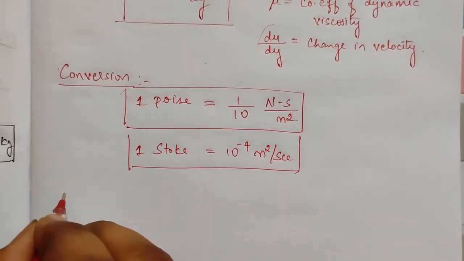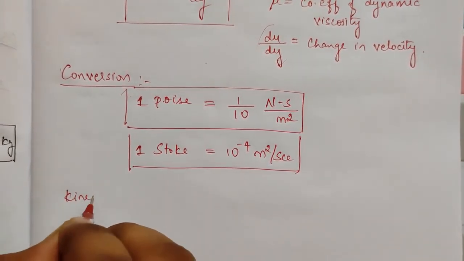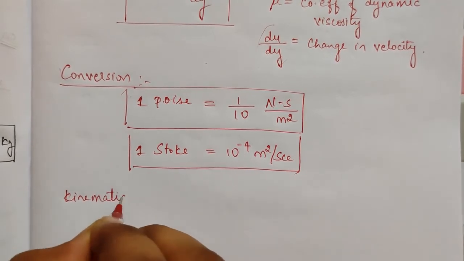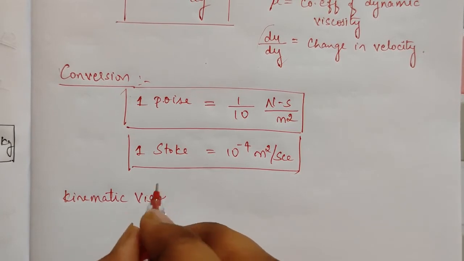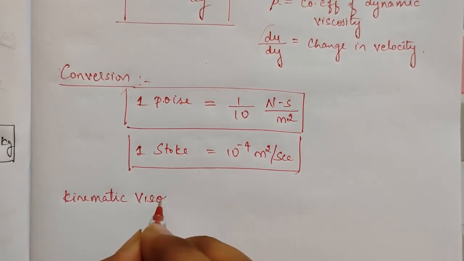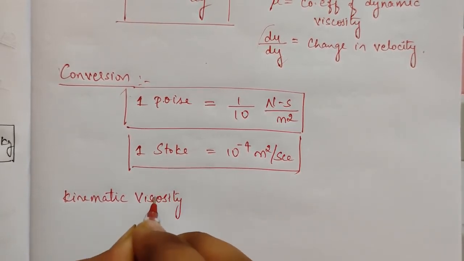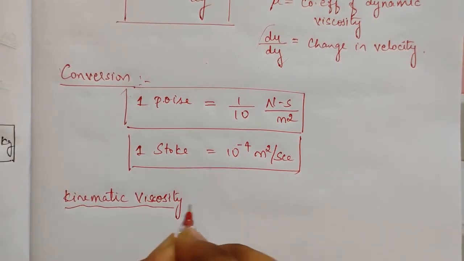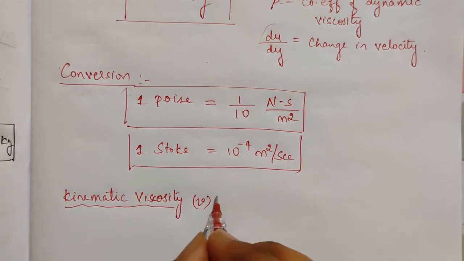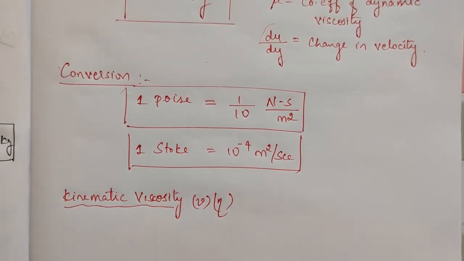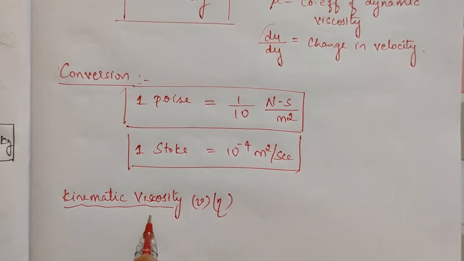You will have another term like kinematic viscosity. In some textbook it is referred as small v, and in some textbook it is written as eta.